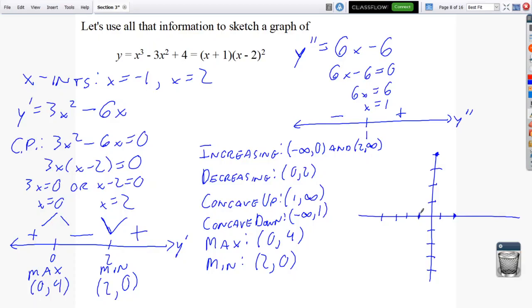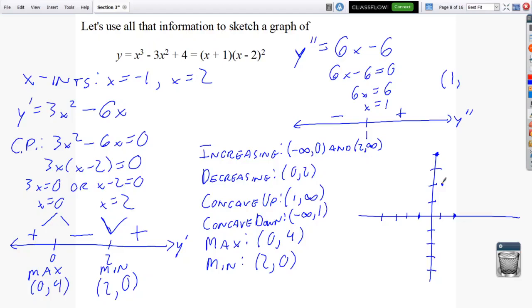Again, let's put that -1, 0 down. And I know that I change concavity at 1. I can find the point there: 1 plus 1, 2, times 1 minus 1, 2, so -1 squared. So it would be at 1, looks like 2 here. So there's a point right there where I change concavity.